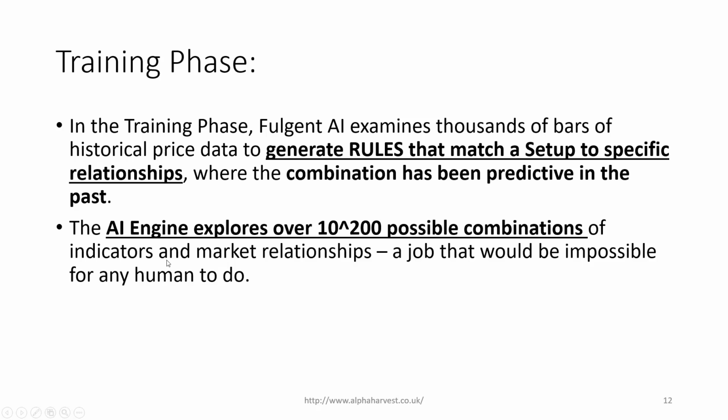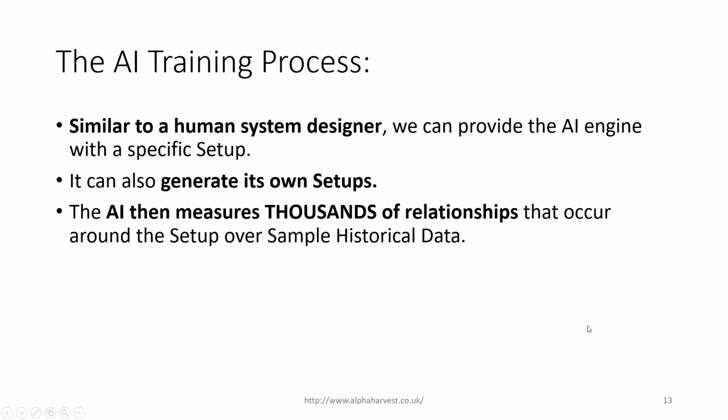And once again, the AI engine explores 10 to the power of 200 different possible combinations of these indicators. So it's absolutely a fantastic way to develop a trading system using artificial intelligence for that purpose.